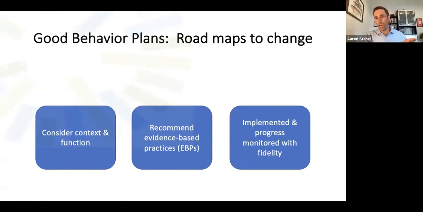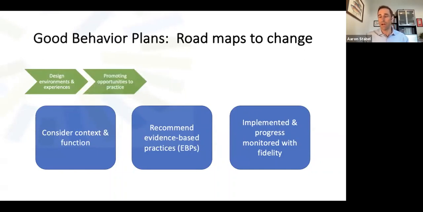When our plans are based on these three components, what we're really asking adults to do is design environments and experiences for the student that promote frequent opportunities to practice essential replacement skills and social behaviors like kindness, social responsibility, independence, adaptive skills, and self-regulation.